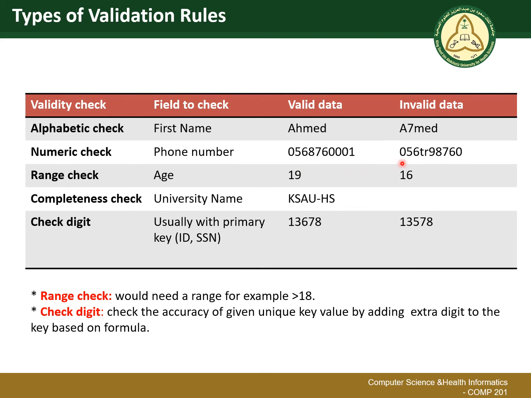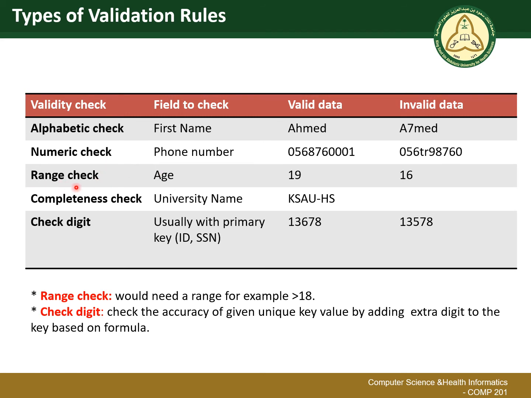If we mistakenly entered the number with some letters, it will give us an error message that will inform us that this data is invalid, and we need to check it and re-enter the correct data or the valid data.